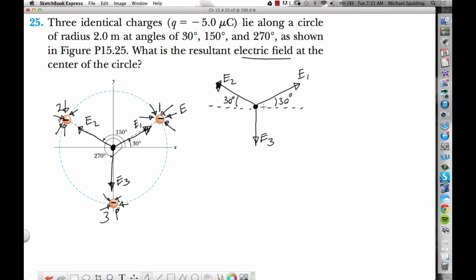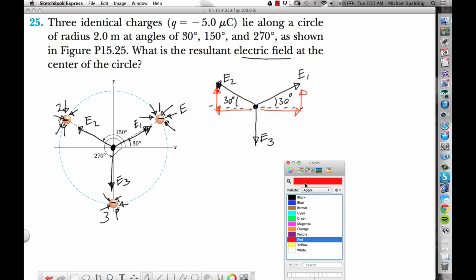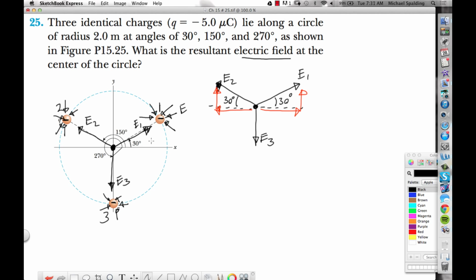So E1, we can break into X component, Y component. E2, we can break into X component, Y component. Now, what do we know about these three electric fields? Are they the same or different? They're the same. Why? Well, all three charges are the same. And then how about the distances?